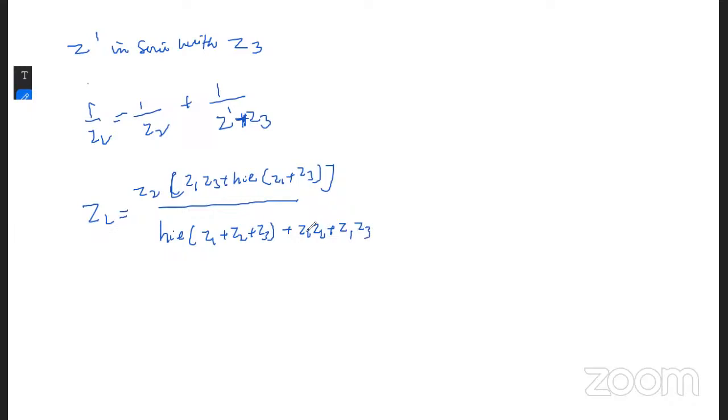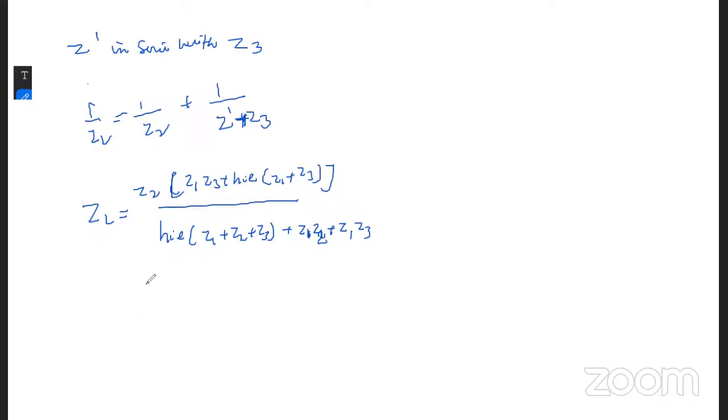So this is the ZL value we are going to get. From this, we calculate the output voltage, and as well as the beta fraction, which is the feedback fraction. Then by substituting the A beta value, we can get the conditions for oscillations.